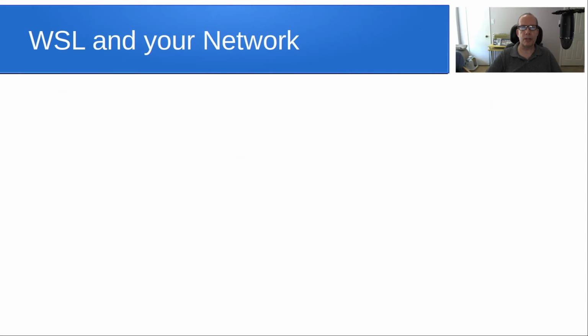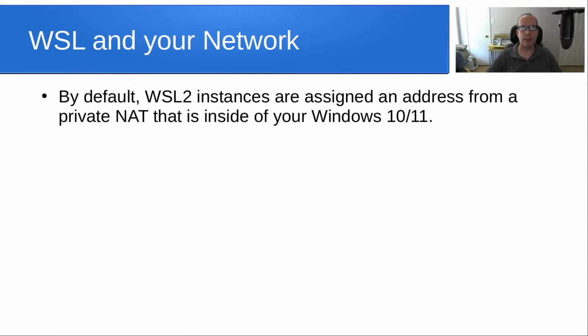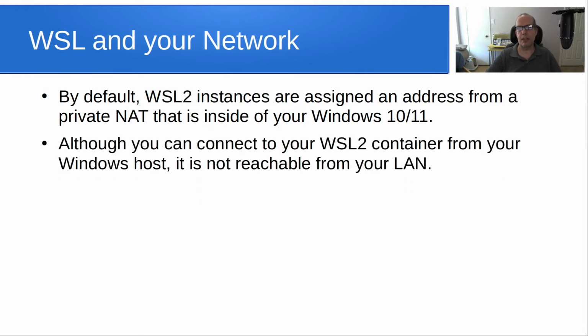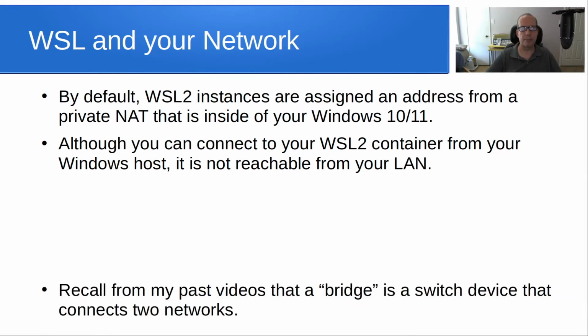Also, we are talking about WSL and your network. Well, by default, WSL2 instances are assigned an address from a private NAT that is inside of your Windows 10 or Windows 11 machine. Although you can connect to your WSL2 container from your Windows host, that WSL2 instance is generally not reachable from your LAN.